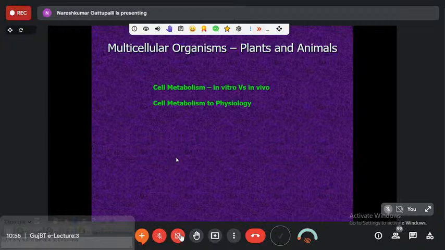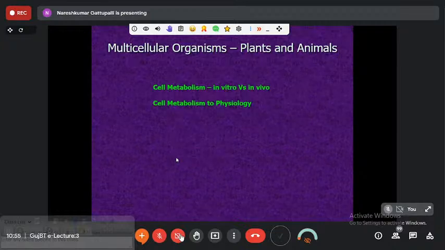The techniques have become extremely powerful to monitor in vivo metabolism within the living organisms. So we are looking close to understanding the cellular metabolism in physiological context with anatomical and tissue organization. So this is a fantastic future.